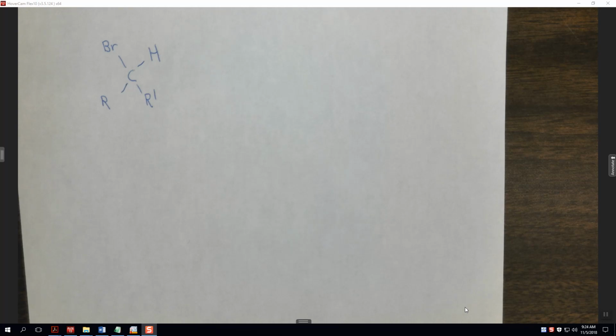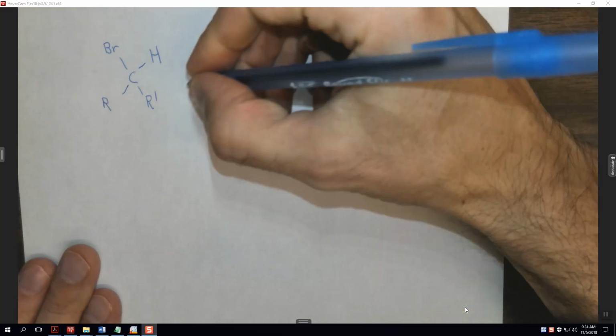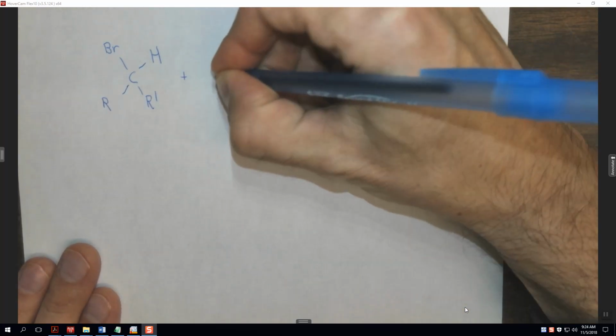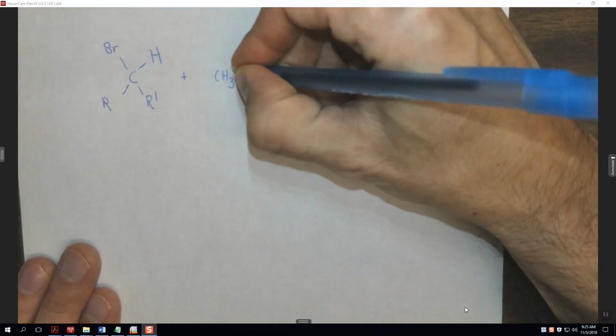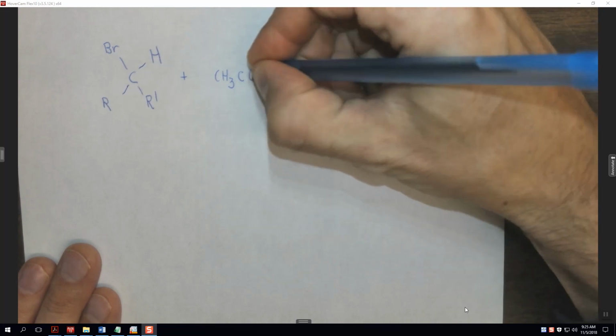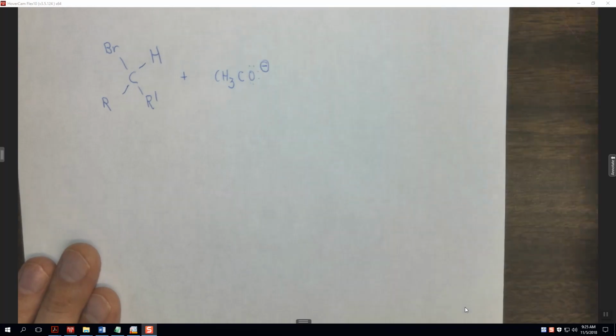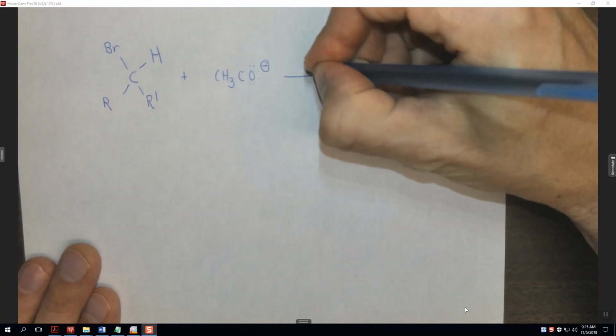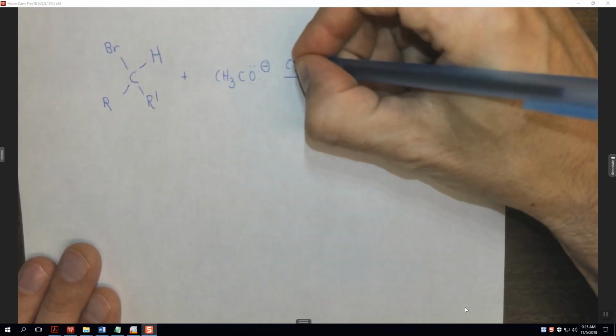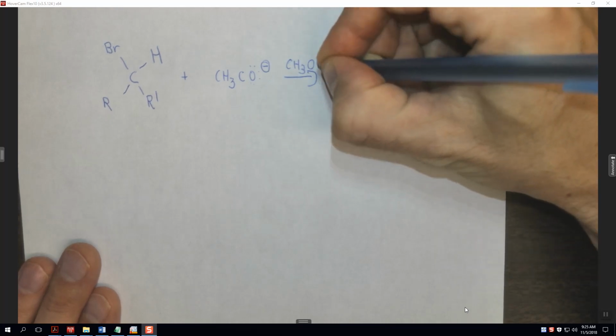At first, I was going to try to draw it in and focus on the inversion of the stereogenic center, but for simplicity's sake, I'm going to skip that. So I'm going to add to this methoxide, CH3CO minus. That's methoxide. And I'm going to get this in the presence of methanol, CH3OH.